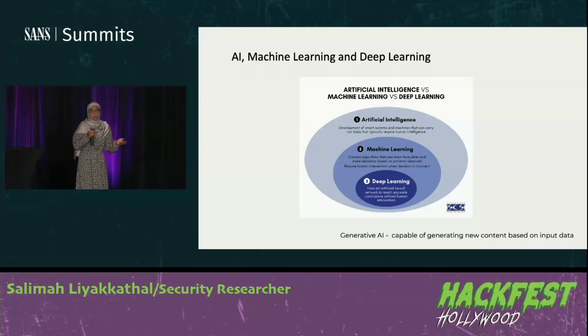So what it basically means is it's capable of generating new content based on input data. And these are your ChatGPT, deepfakes, AI images, so on. But new content is not really limited to words, audio, pictures, but it can also be text itself, which is what we'll be looking into today.